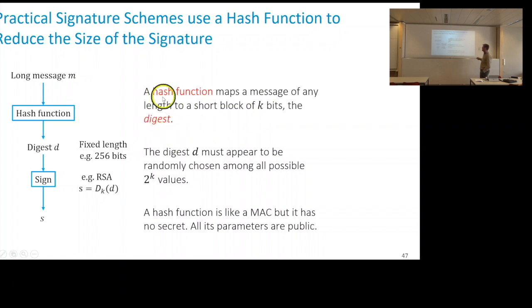And to qualify as a hash, it must have the property that the digest appears to be chosen at random. Of course, it is not random, it's completely deterministic. If I give you a message M and I hash it, D depends deterministically on M. But if you have many, many possible messages, and you look at the distribution of the digests that are obtained, they appear to be uniformly distributed.